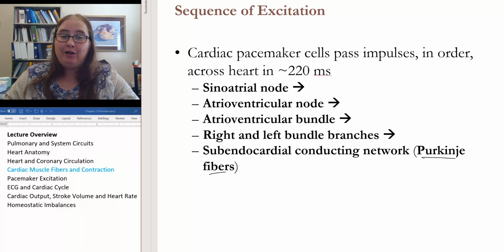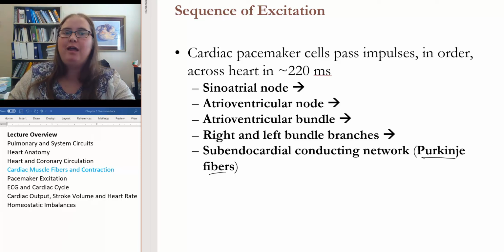I will never call it the subendocardial conducting network, because when I learned it, they were called Purkinje fibers. And I still can't wrap my head around this here, as you can tell, by me being tongue-tied by it. Okay? If you give me subendocardial conducting network, I'll still give that to you. But I will always call them Purkinje fibers.